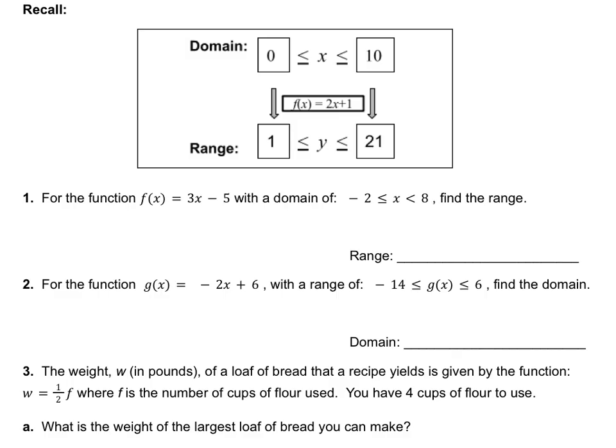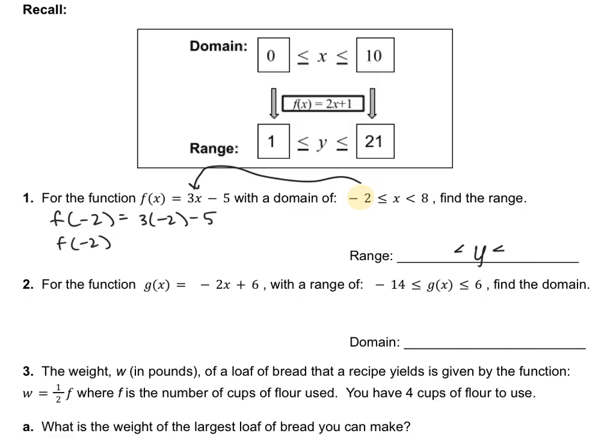So for my range, what I'm going to figure out is the lowest and highest numbers that y can be. In order to do that, I'm just going to take the ends of the x's and put them into the function. First I'm going to find the value of the function when the input is -2, by replacing x with -2.